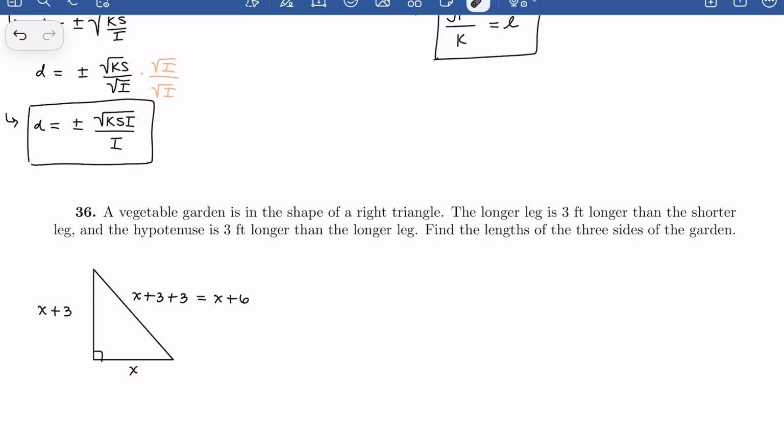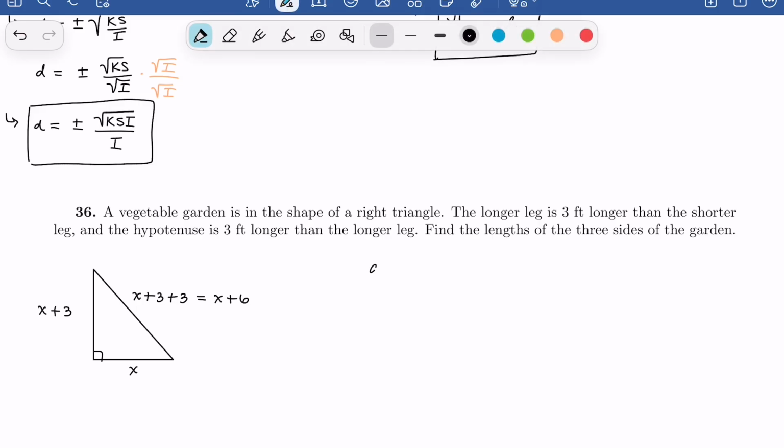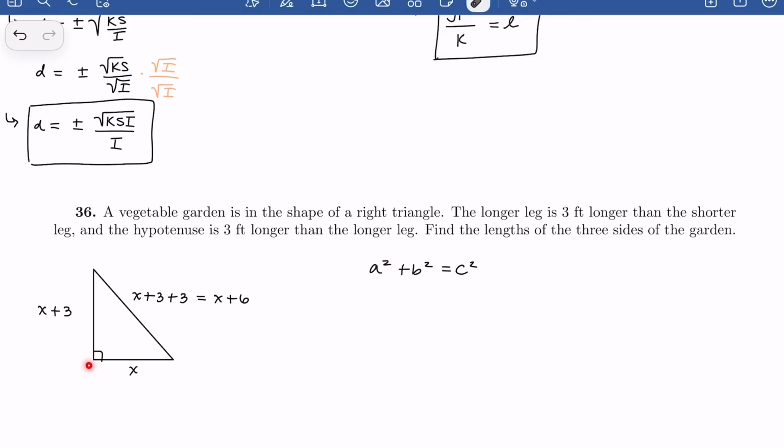In order to do that, we're going to use our Pythagorean theorem. This theorem says that a squared plus b squared is equal to c squared, where a is going to be one side of our right triangle, b is going to be the other side, and then c is going to be our hypotenuse for our right triangle. So with this information, we're going to plug everything into our equation.